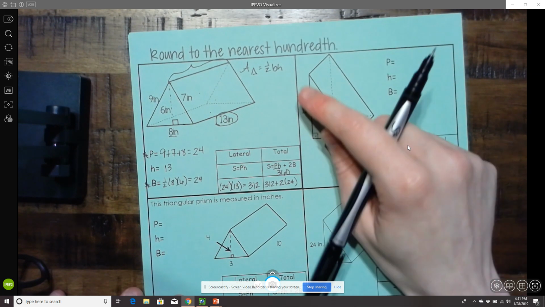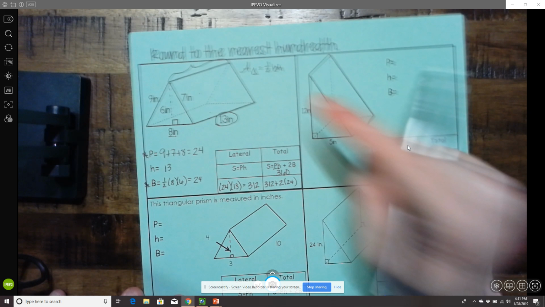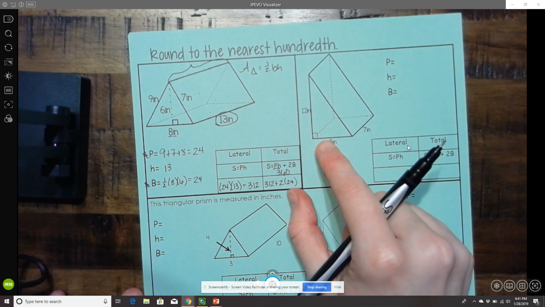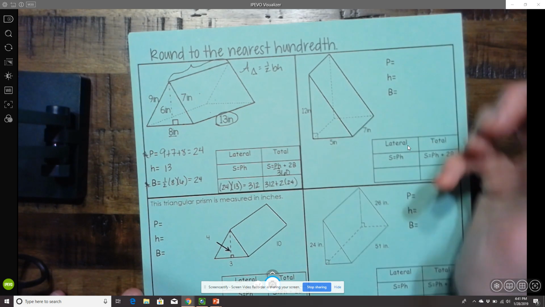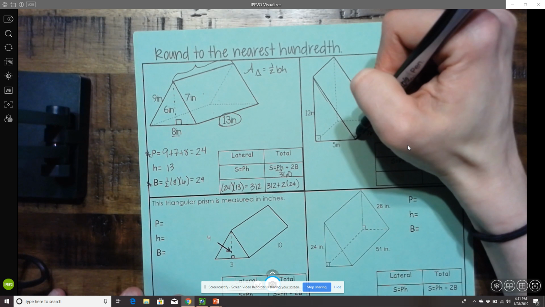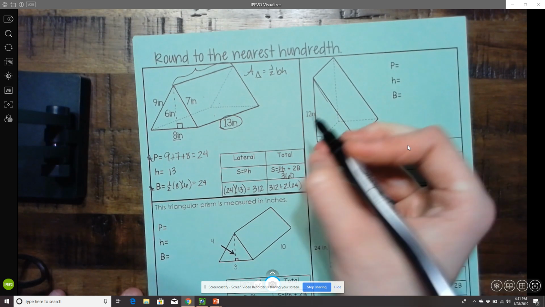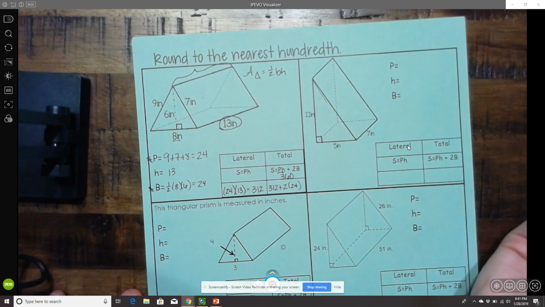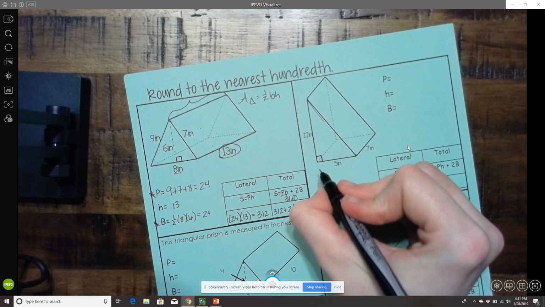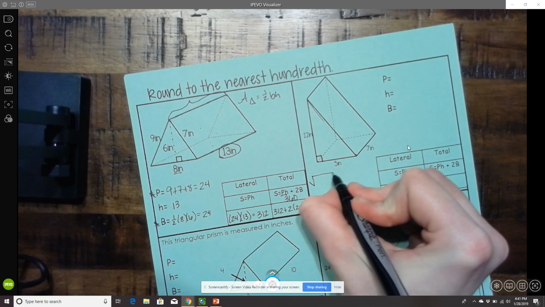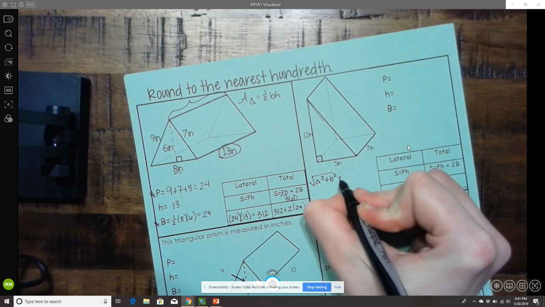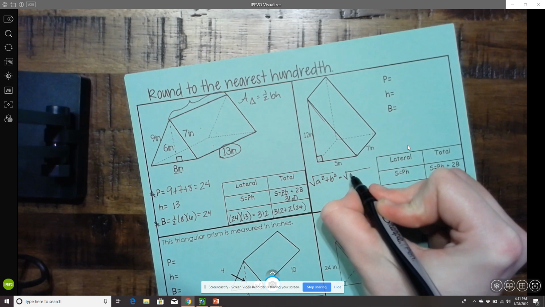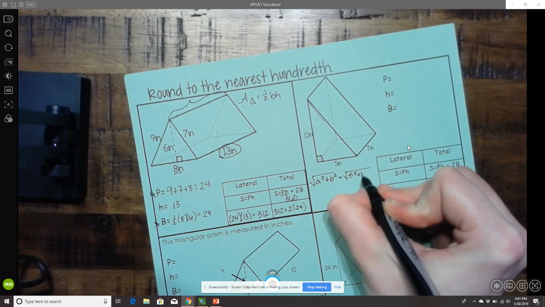All right, so here's another one. This one's sitting wonky again, but remember the triangle is always our base. For the perimeter, we're going to add up the sides, but if you notice, we don't have this side length. But this tells me that it's a right triangle, so I can use the Pythagorean theorem, a squared plus b squared, and that will give me the length of that other side.